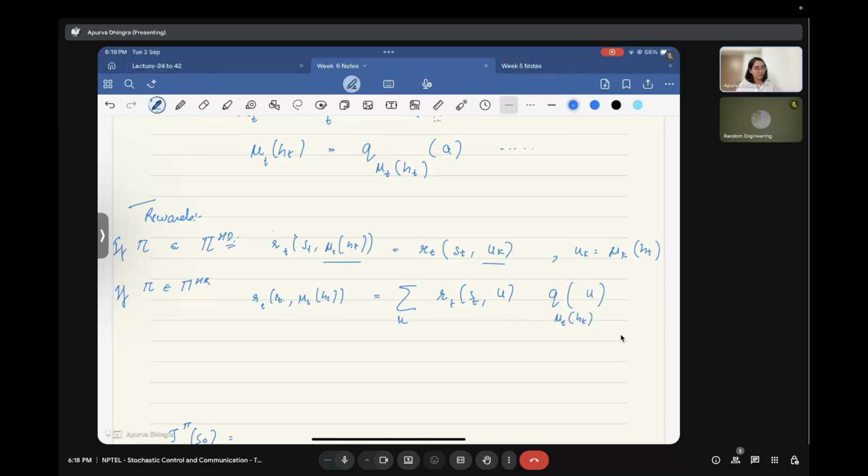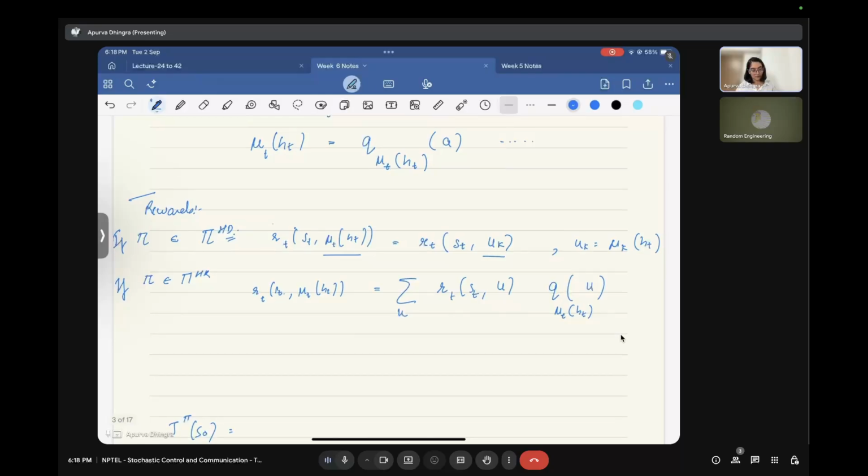Okay so far? What we have done is we're just trying to convert our Bellman equation to the situation where instead of Markov deterministic policies, we had either history dependent policies which were deterministic or randomized.